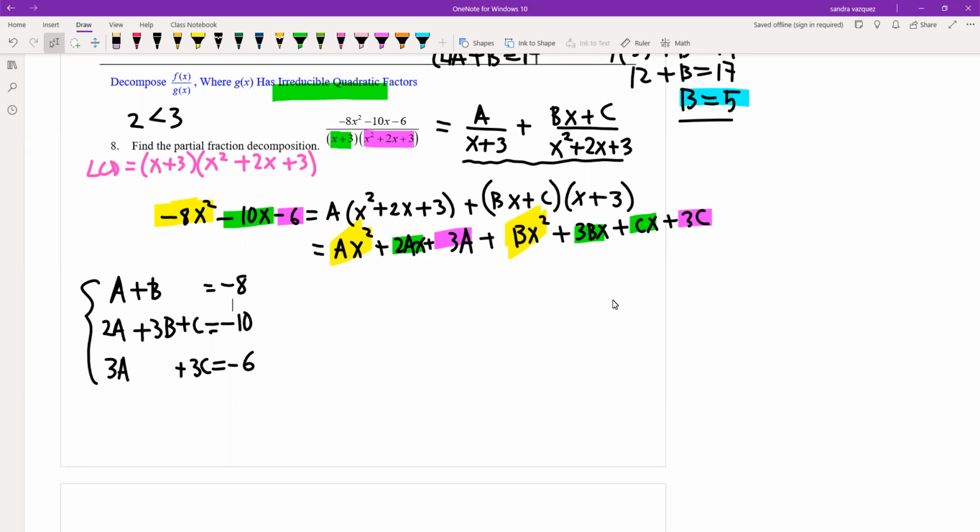You can get rid of any of the ones that are missing already. Or if you don't want to do that, you can also eliminate the A from all of them, since all of them have an A in them also. Okay, so for me, I think I am going to eliminate the B.